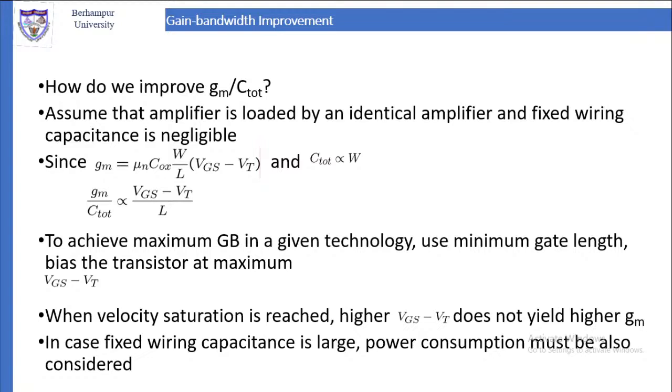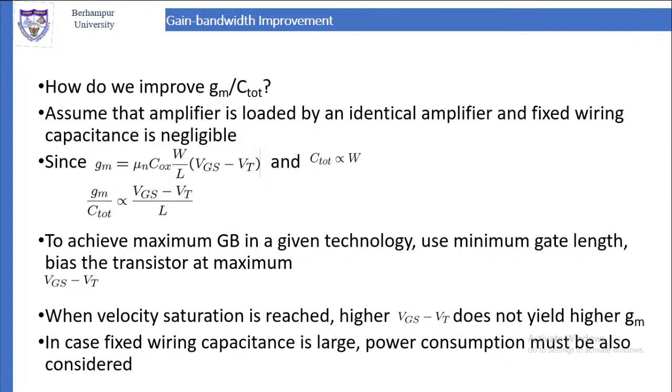Then we know GM is equal to mu n COX W by L into VGS minus VT, and C total is proportional to W. So GM is proportional to W, and C total is also proportional to W. Therefore, GM by C total is proportional to VGS minus VT by L.